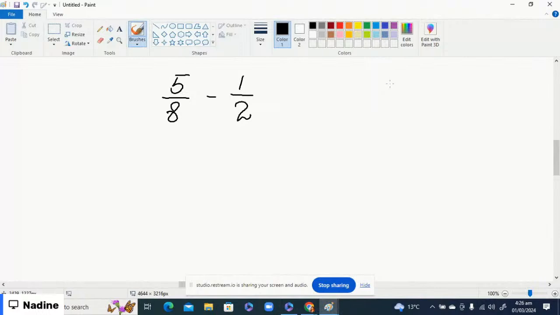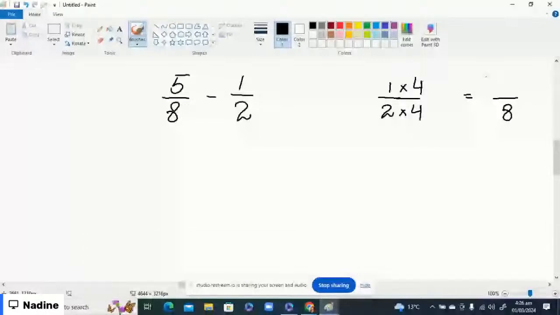I'm going to write here 2. Multiply and divide with which number? Then you get the answer here 8. Multiply and divide with 4. Okay. 4 times 1 is 4 and 4 times 2 is 8. No, it's not 1 by 8, it's 4 by 8.